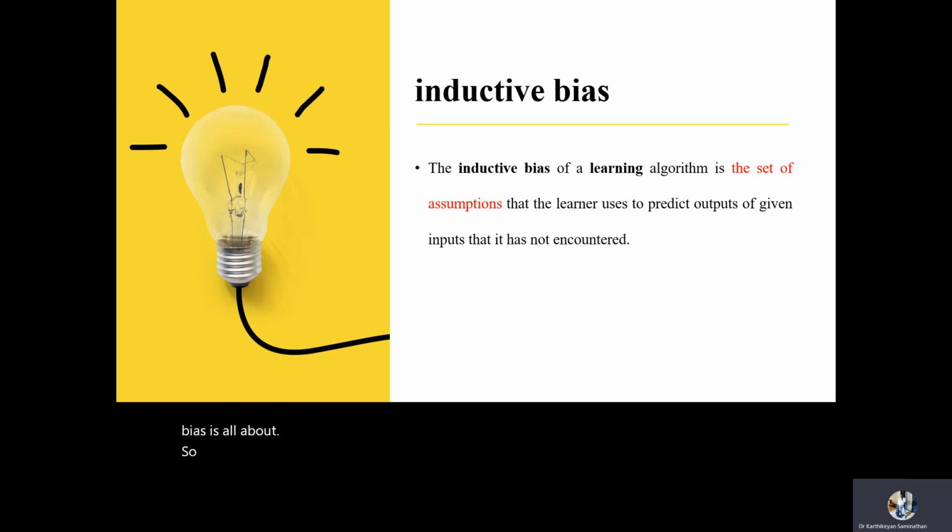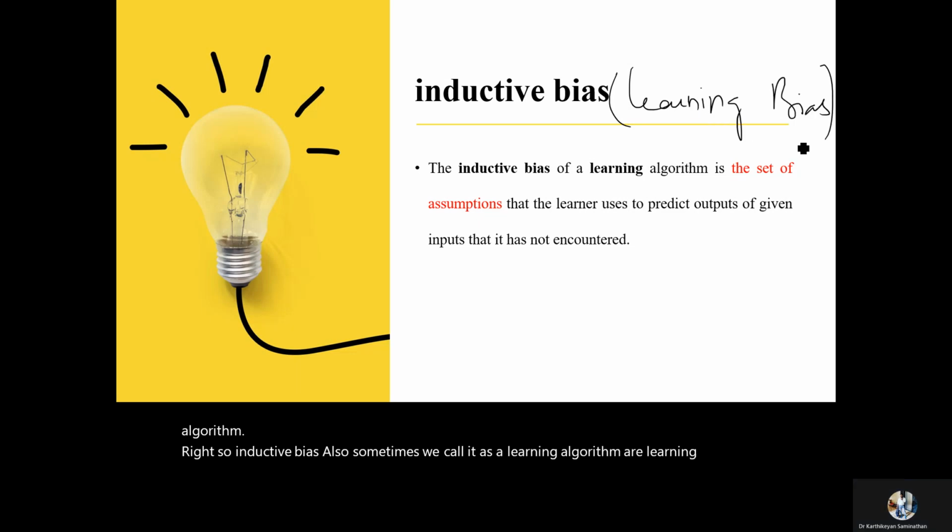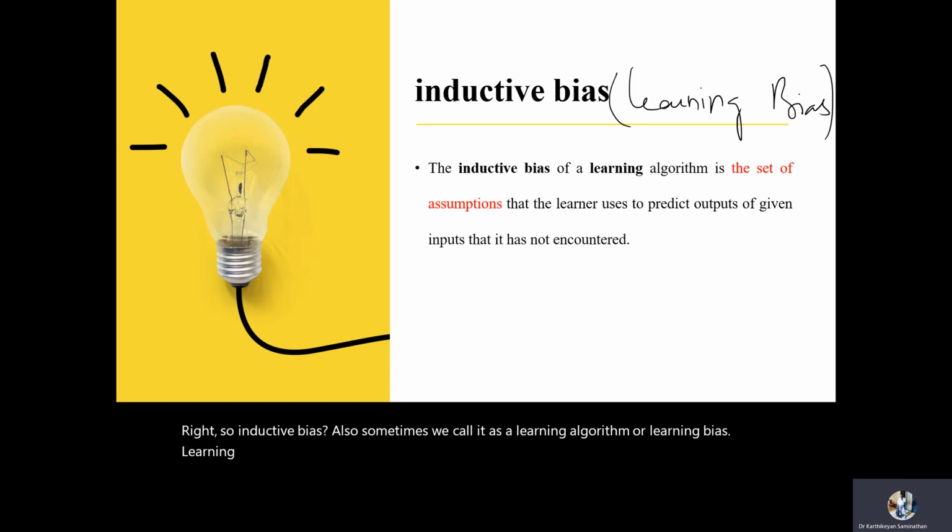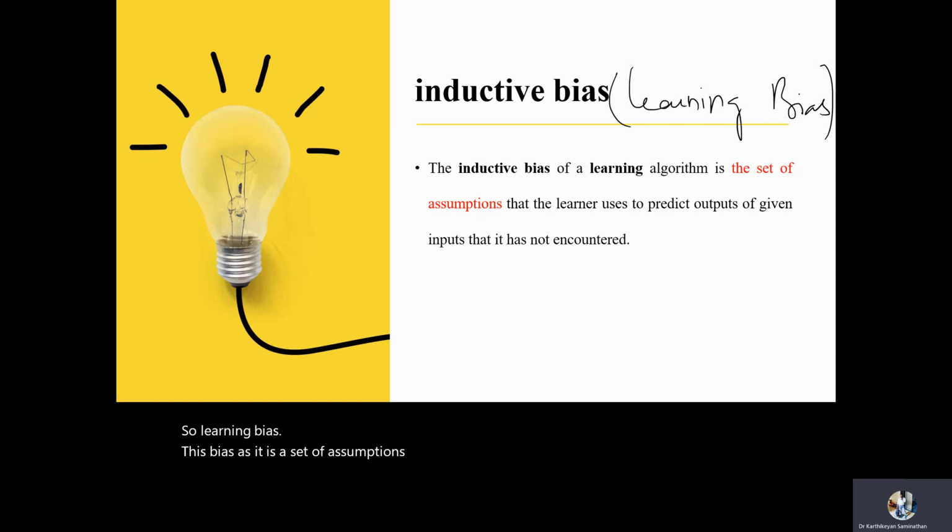Now if you define inductive bias, we also sometimes call it a learning bias. This bias is a set of assumptions that the learner uses to predict outputs for given inputs that it has not encountered.